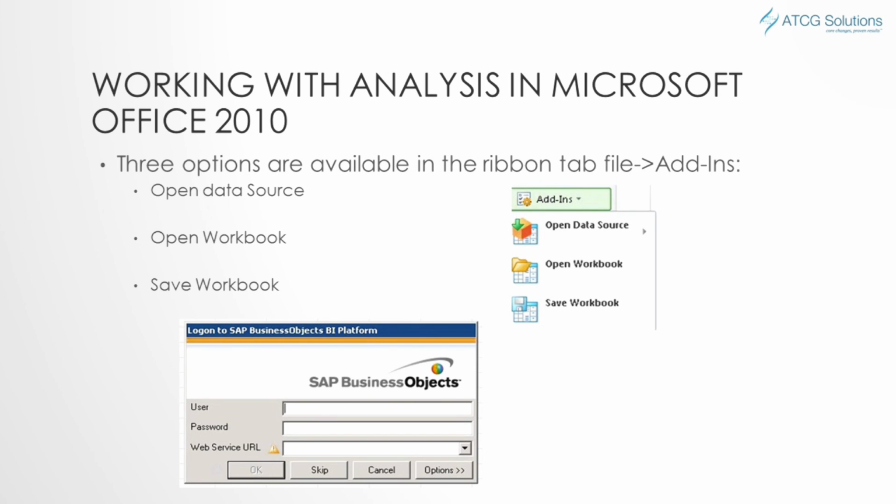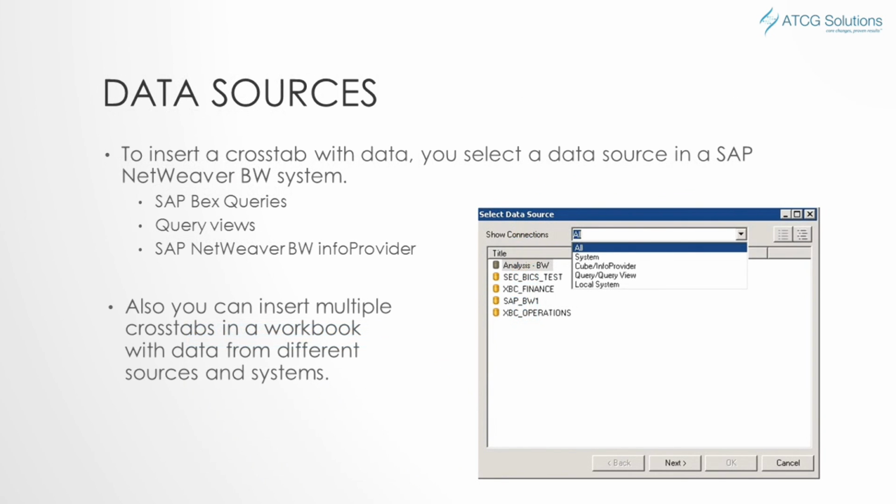Next step, let's navigate with Analysis in Microsoft Office 2010. As we mentioned before, we have 3 options available in the File Add-ins tab, such as Open Data Source, Open Workbook, and Save Workbook.